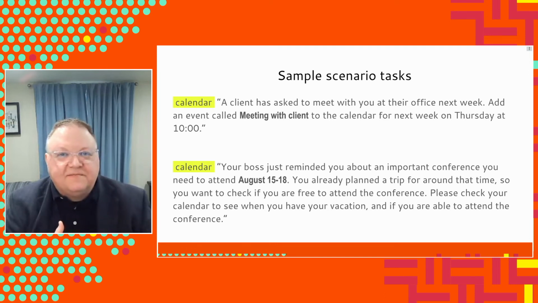That's the context. And then the specific thing you've asked them to do is to check the calendar and see when their vacation is. And testers are able to go in and see that the vacation was scheduled for the week after the conference. So they're able to say, oh, yep, looks like I'm free, 15 to 18. And so that's an example of scenario tasks.